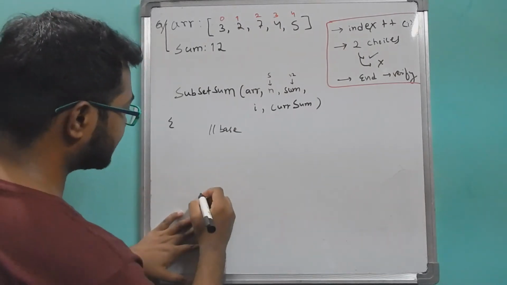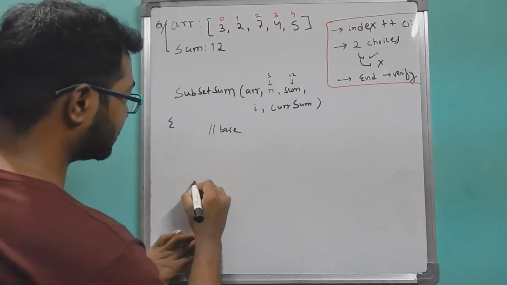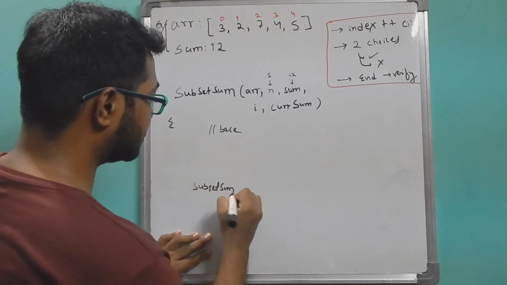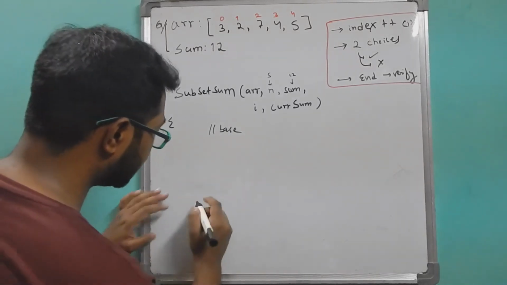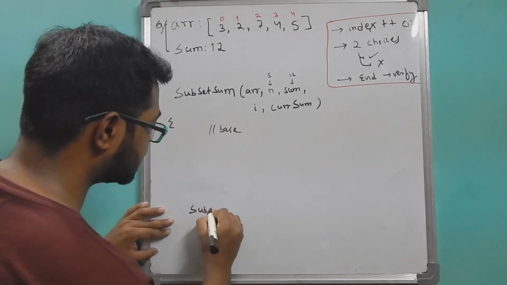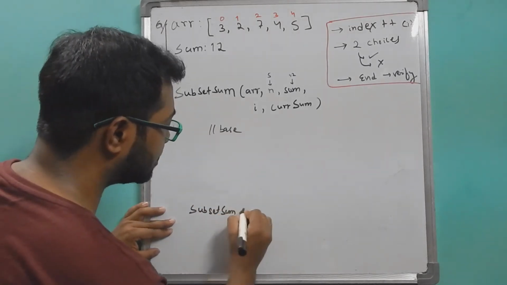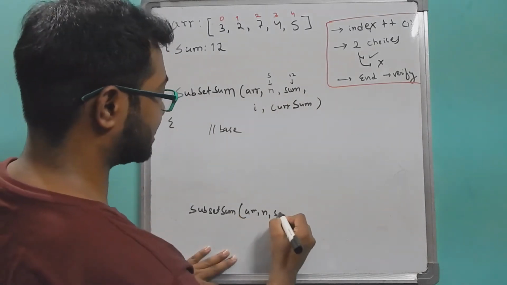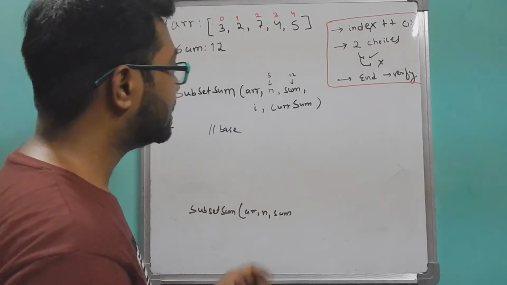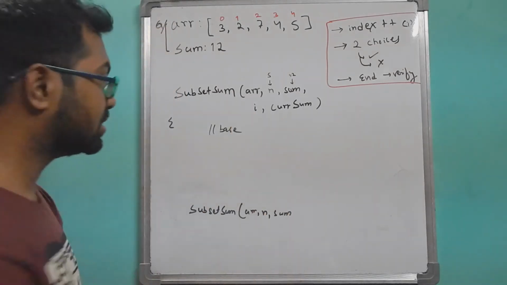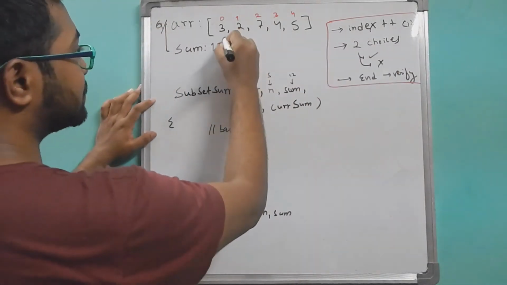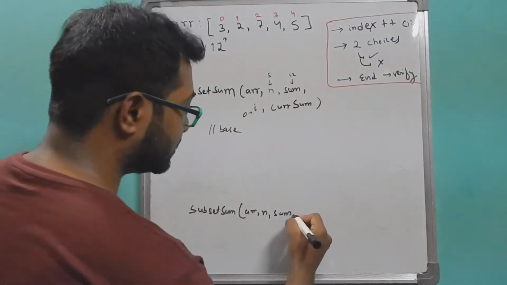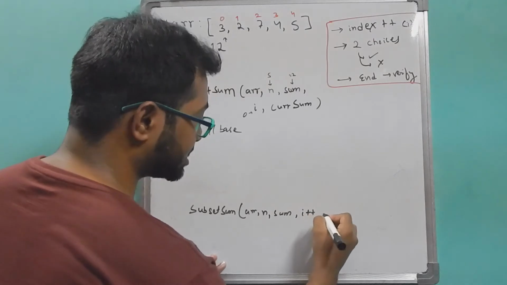So let's say we are calling that function again, subset sum, and we're passing the array, the length, and the sum as it is. Now we're incrementing one index. The first index starts from 0. In this case the I starts from 0, so we have to increment. So it will be I++.